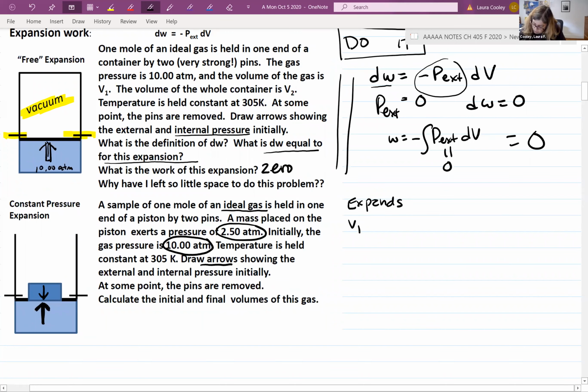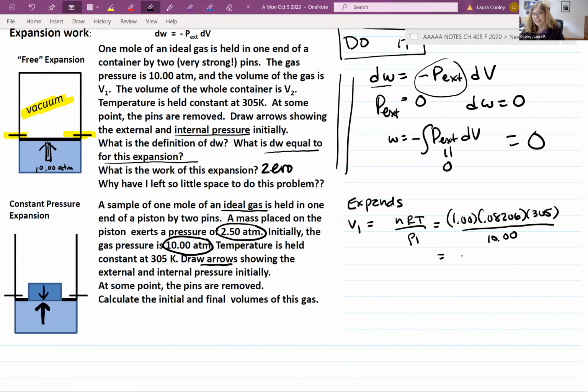So V1 should be simply nRT over P1. Did anybody come up with that? It's kind of a nice symmetrical answer. It actually comes out to 2.50 liters.